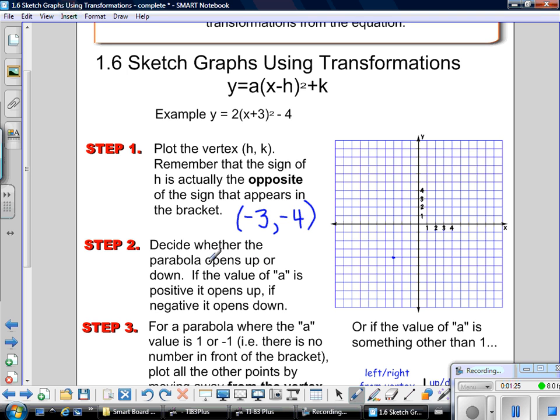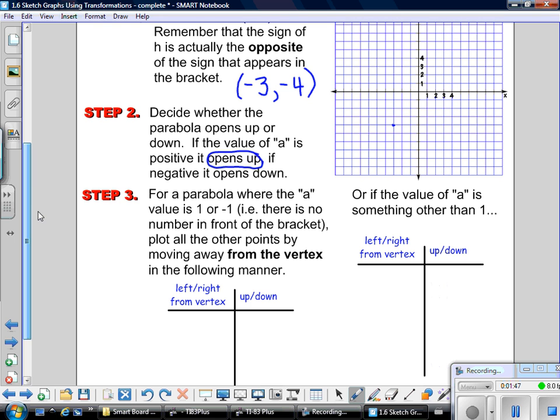Then we have to decide whether the parabola opens up or down. Remember, we do that by determining whether our a value is positive or negative. In this case, it opens up because our a value is a positive number. Step number 3 is for the parabola. Remember, if there is no a, or the a is 1, I should say, or negative 1, there's no number in front of the bracket.